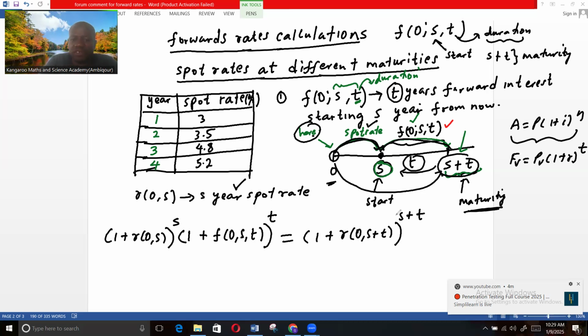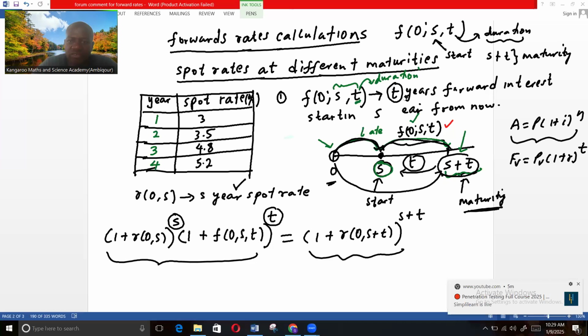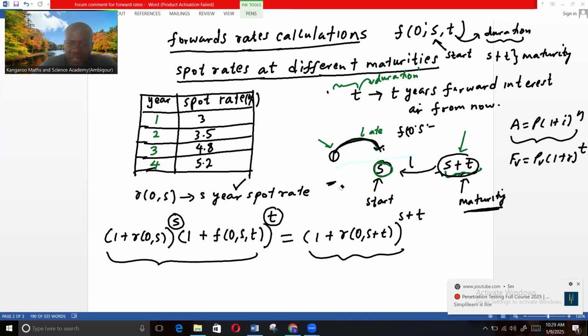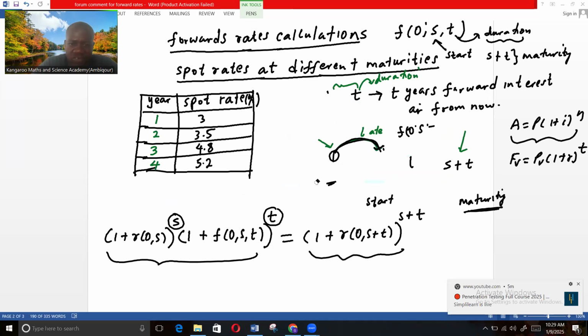And one other thing that you need to consider is that if you have done this correctly, the sum of the exponents should be the same on both sides. So you can easily see that if we were to work this out, let's work this out and try to make the forward rate the subject of the formula.